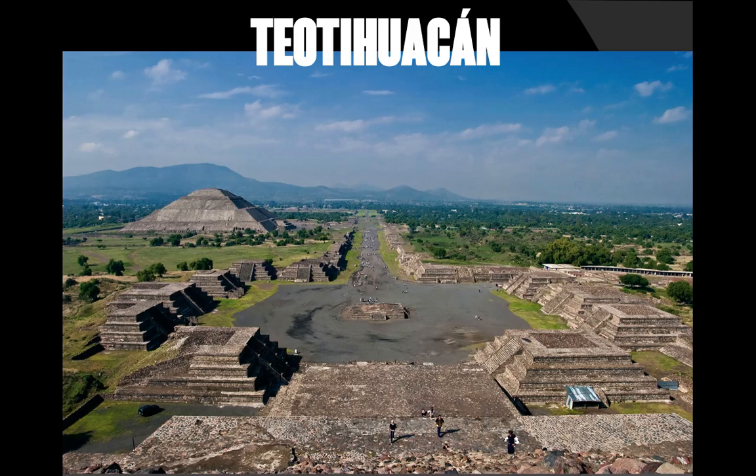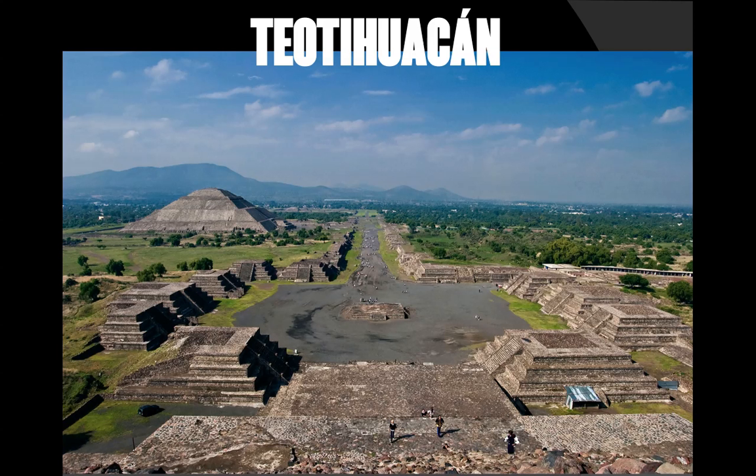Teotihuacan remained a holy site even in the later Mayan and Aztec periods. In fact, many important leaders of the Aztecs would make pilgrimages, up to 1,000 years after the collapse of this civilization. They'd go back to this really important place where it was believed that it wasn't just a city, but the origin of humankind.